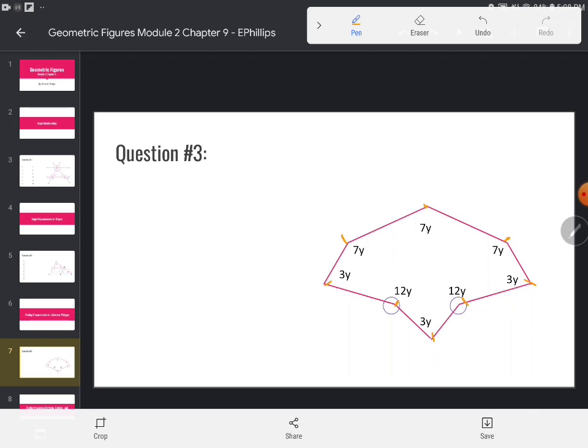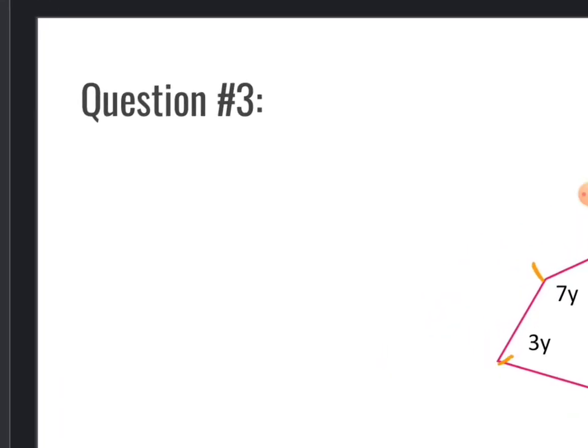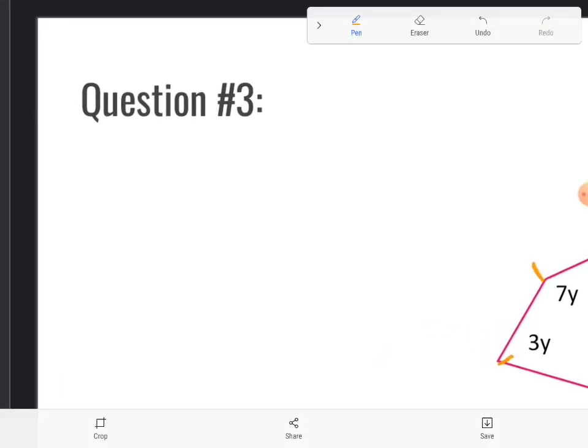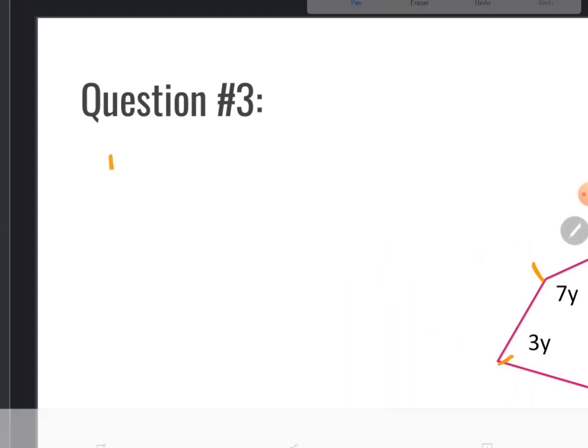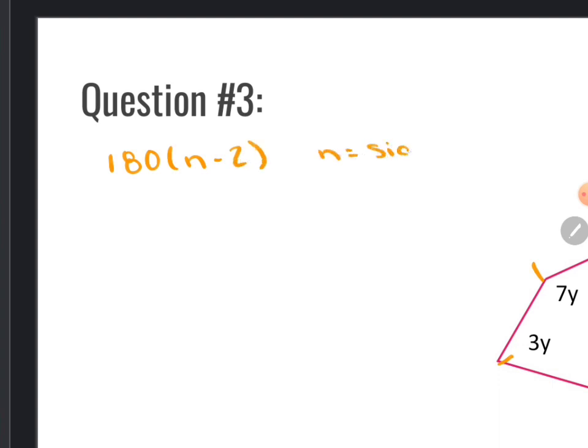8 sides. We're going to go ahead and use this equation to help us solve for the degree of each angle. It's 180 times n minus 2, with n being the number of sides or angles that we count in our figure.